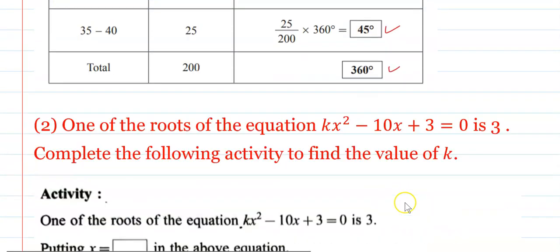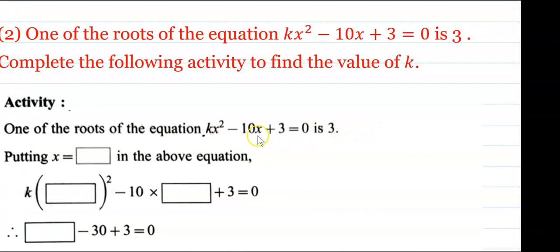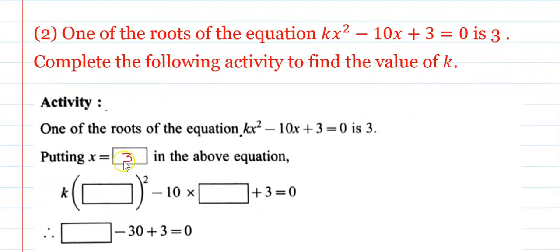Okay. Now the second question. One of the roots of the equation kx square minus 10x plus 3 is equal to 0 is 3. Complete the following activity to find the value of k. First we will replace x by 3. Putting x is equal to 3 in the above equation: k into 3 square minus 10 into 3 plus 3.